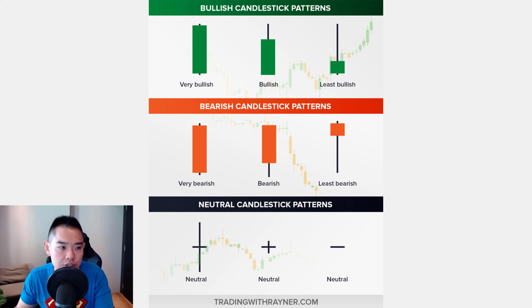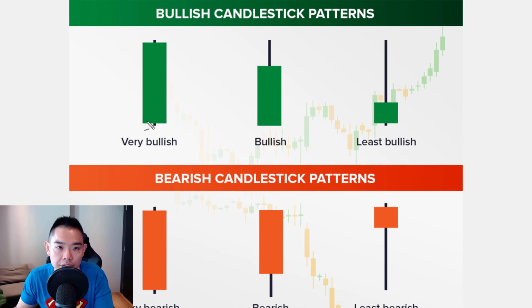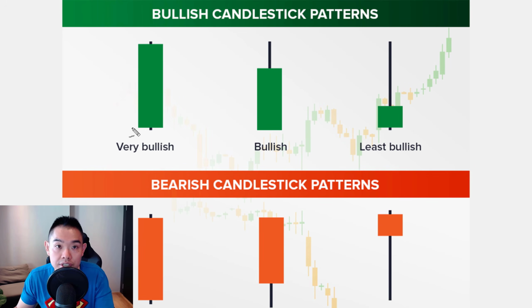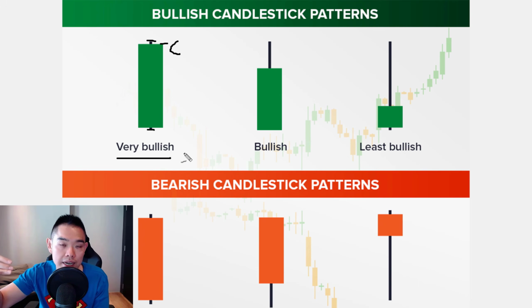If you look at this chart over here, this is the first candle. The range of this entire candle is from this high to this low. Now ask yourself, where did this price close relative to the range? You can see the market closed at this price point, pretty near the highs. This is why we say this is a very bullish candle, because the price has closed near the highs of the day, assuming it's a daily time frame.